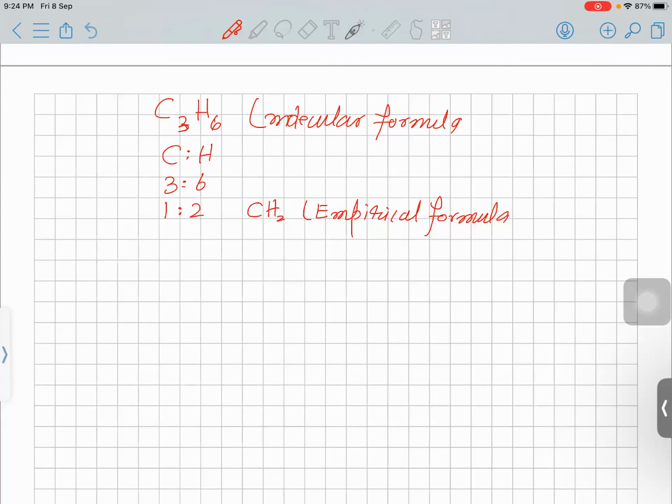So empirical formula gives the ratio between bonded atoms, while molecular formula gives the exact number of atoms. Are you getting my point or not? Yes, sir.